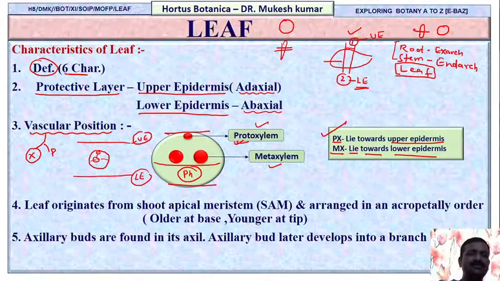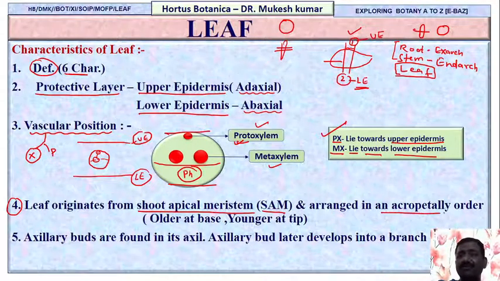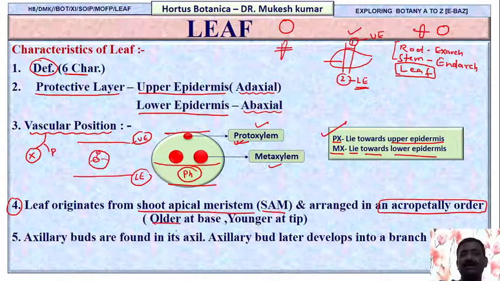Now let's see the fourth important character: what the leaf originates from. From where will it originate? Yes, it will originate from the stem. Stem means the shoot apical meristem, and leaves are arranged in an acropetal order. What is the meaning of acropetal order? Remember, we discussed in the stem that at the lower side, at the base, the older part will be there and at the tip there will be the younger part.